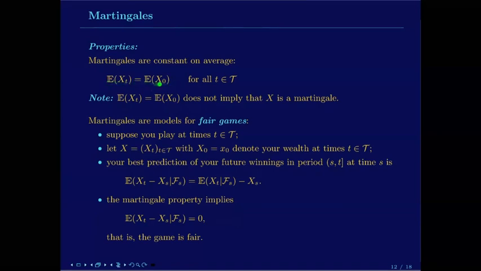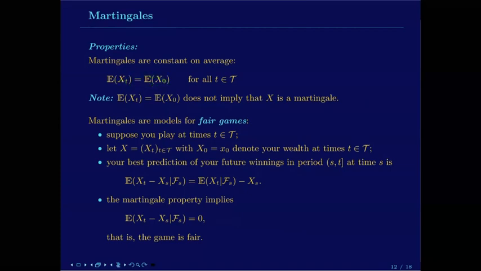So this is a straightforward consequence of the martingale property, which means the mean does not change over time for a martingale. That is a necessary condition, but not sufficient. We can have plenty of processes that have a mean that is constant over time.